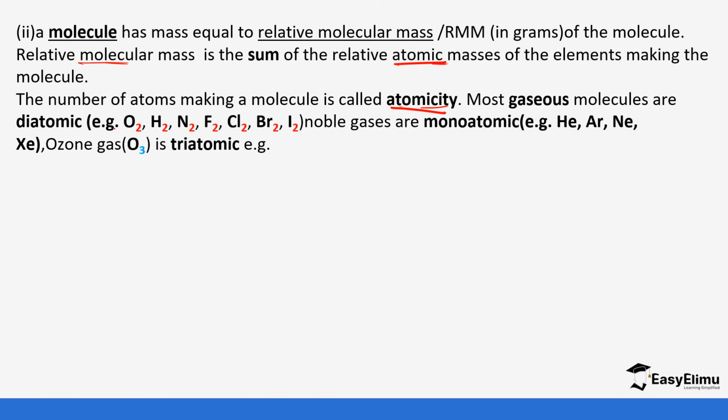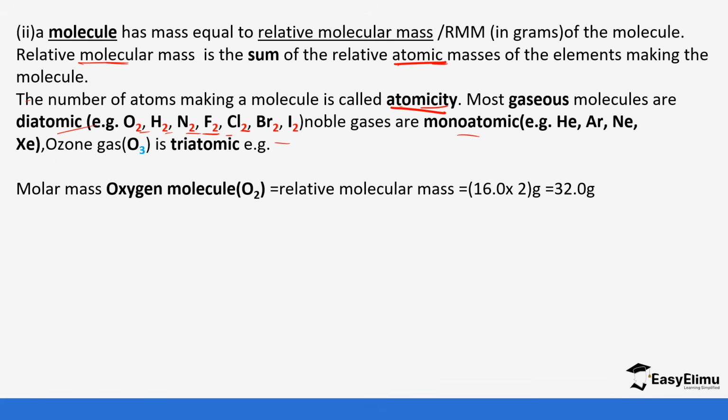For example, among gaseous molecules, some are diatomic and others are monoatomic. The diatomic ones, made up of the same element, are oxygen, hydrogen, nitrogen, fluorine, chlorine, bromine, and iodine. We also have monoatomic gases, which are group 8: helium, argon, neon, and xenon. And we have an exception, ozone, which has 3 atoms.